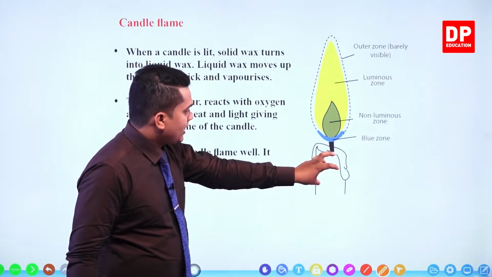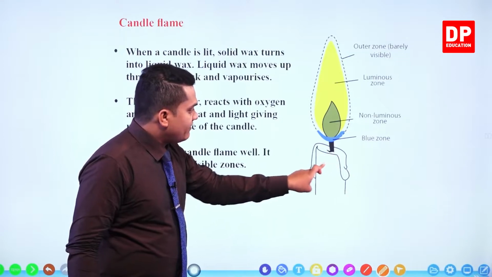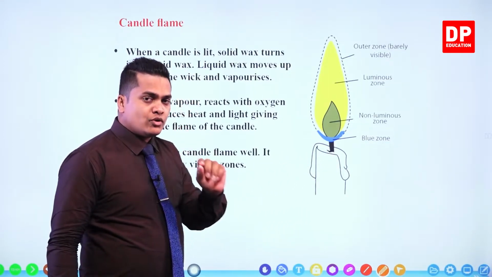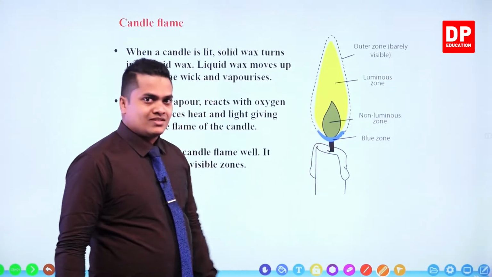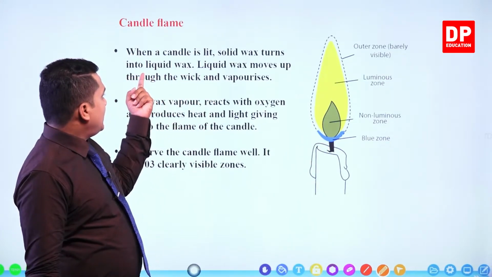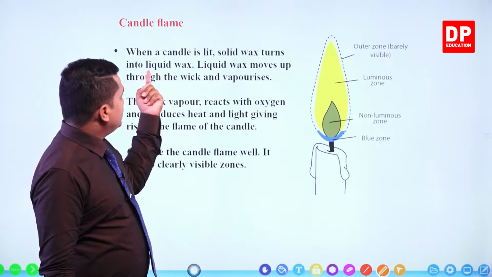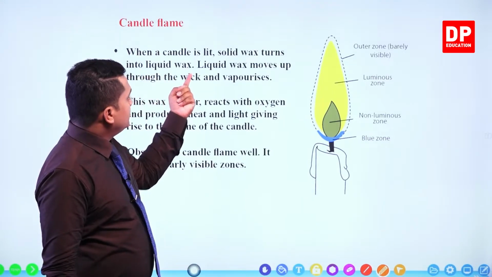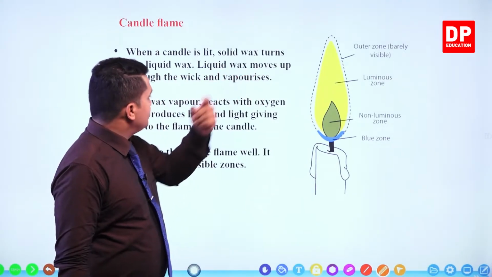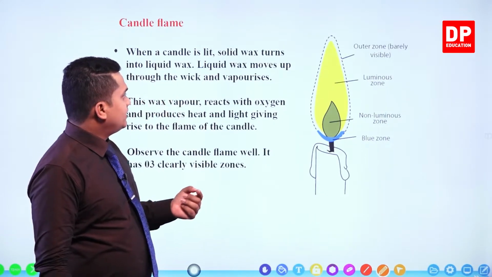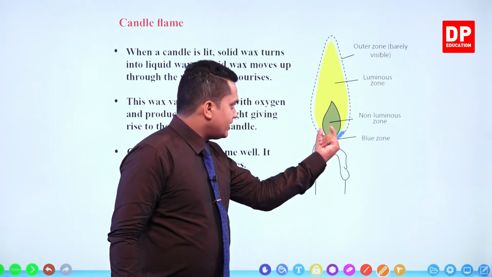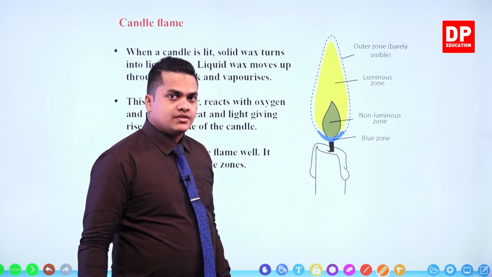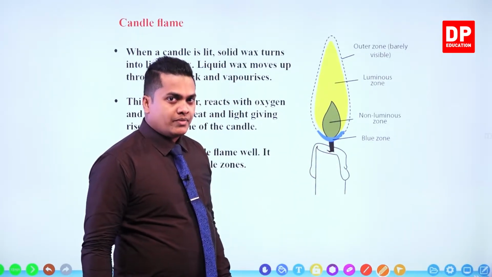When I light this candle, the solid wax contained here is going to convert into liquid wax, and it is going to travel through the wick. Liquid wax moves up through the wick and it's going to vaporize.